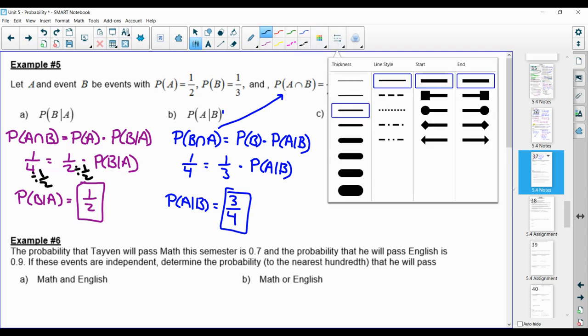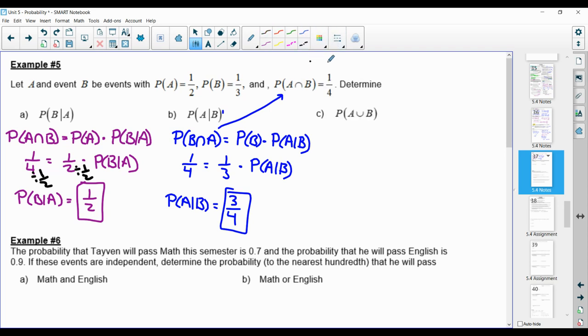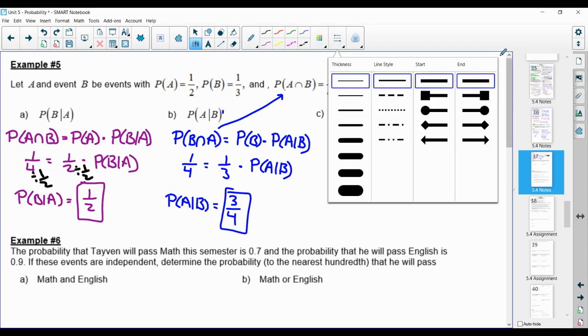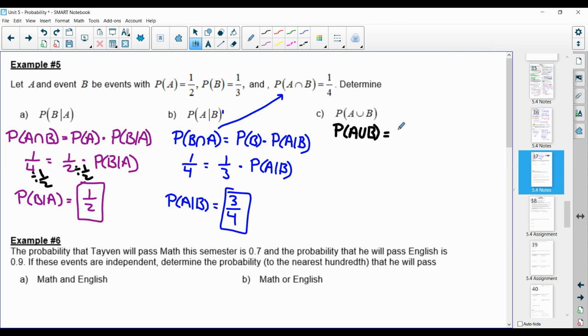Now the last question here is the probability of A or B. So the probability of A or B is equal to the probability of A plus the probability of B minus the probability of A and B. So the probability of A or B is what we're looking for, and that's going to equal 1/2 plus 1/3 minus 1/4.